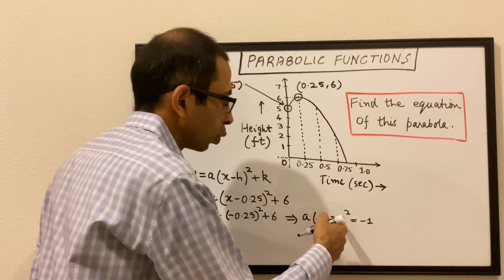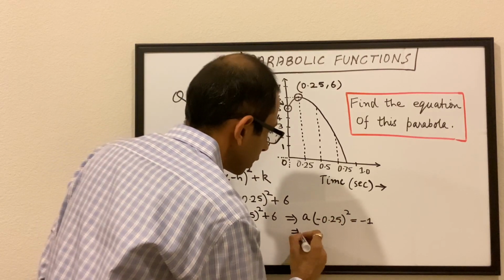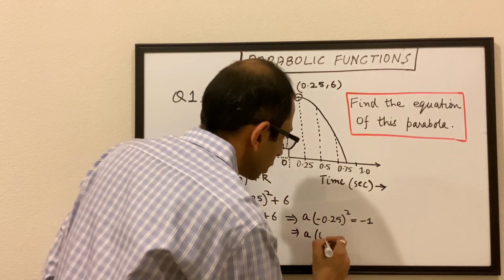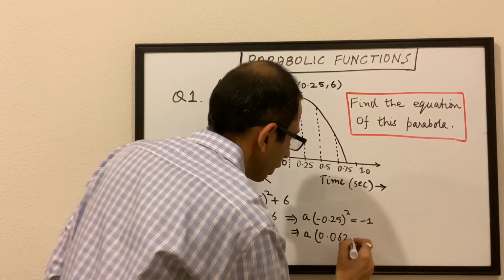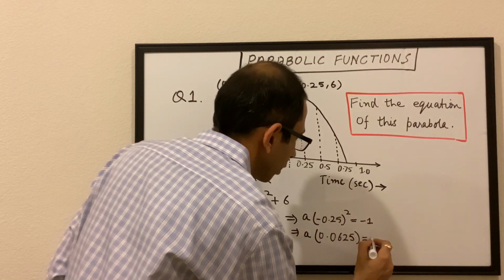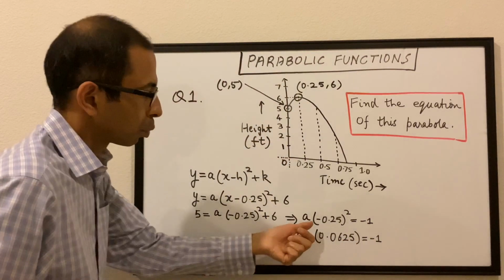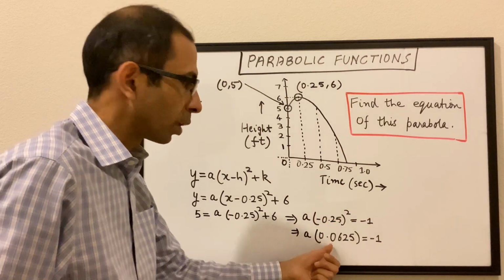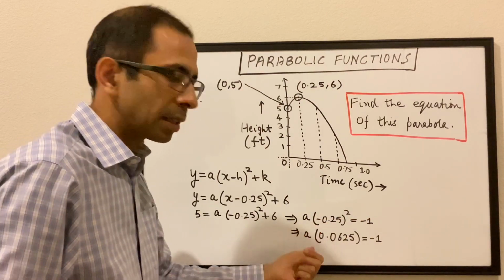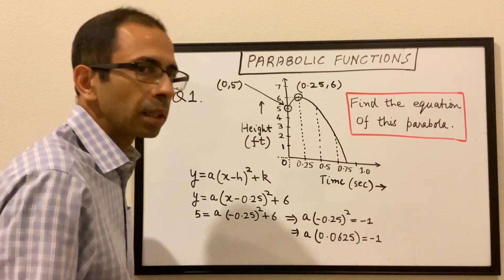Now minus 0.25 whole square is nothing but 0.0625, because 0.25 times 0.25 is 0.0625, and the minus cancels out because the square of a negative sign is positive.